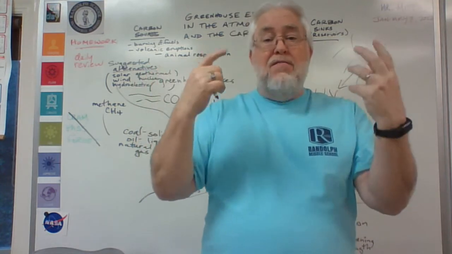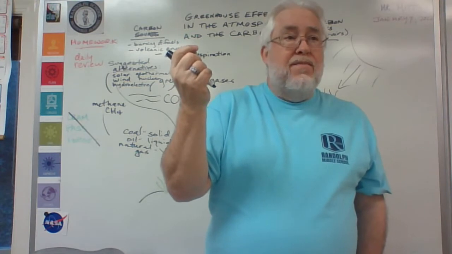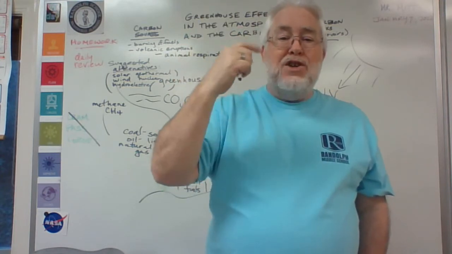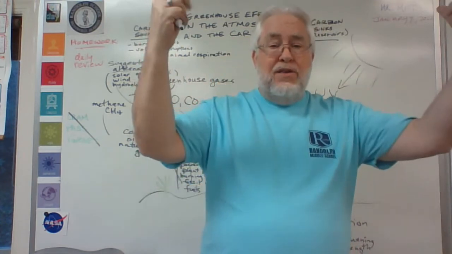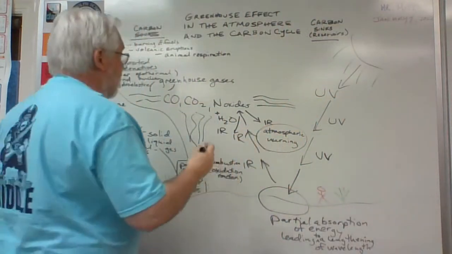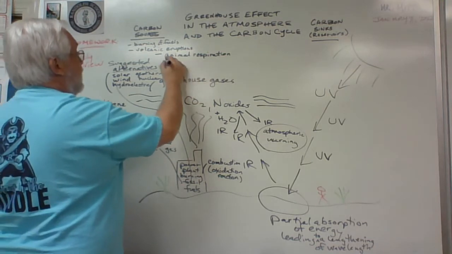Also, the belching of bovines, of cows. This has actually been the attention getter for some scientists who are looking at how much cattle belch out methane, which goes into the atmosphere and serves as a greenhouse gas. Methane is a greenhouse gas. So animal respiration is a carbon source as well.